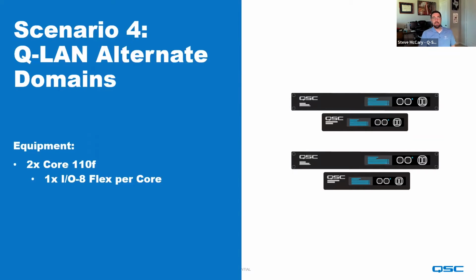So there is a way within a network where you can set up multiple clocking domains. In the scenario we're going to look at, we have our 2 Core 110s, we have our 2 IO8 Flexes, but more importantly, we want to clock these separately. We want to make sure that each one is a clock leader just for it and its peripherals.